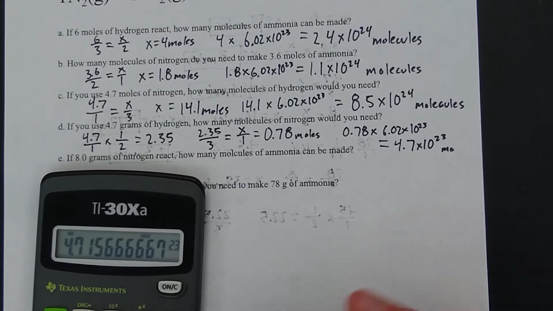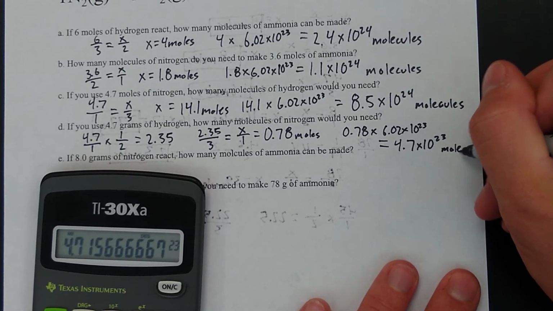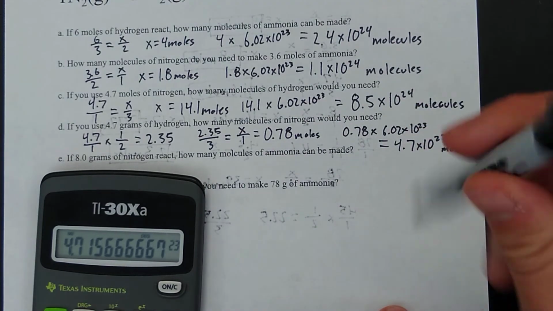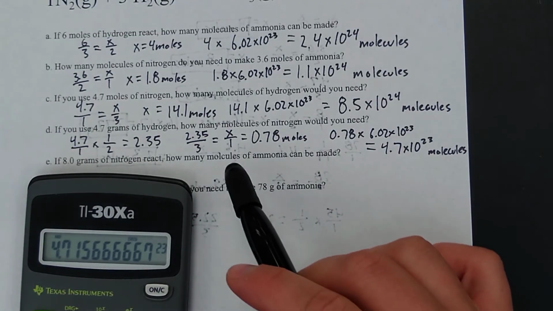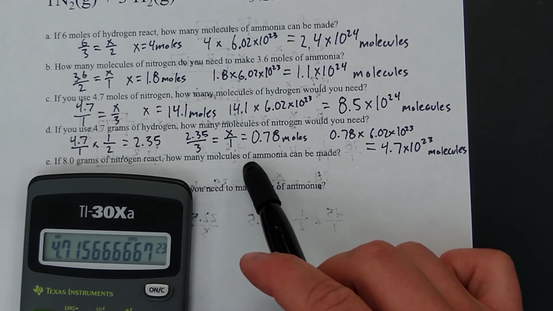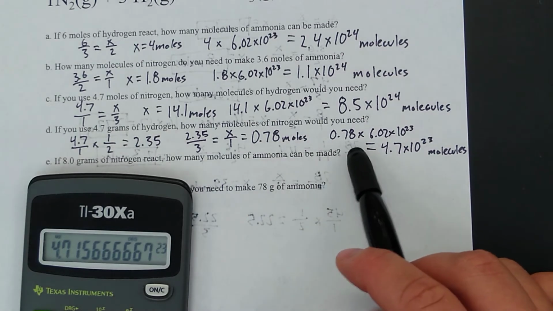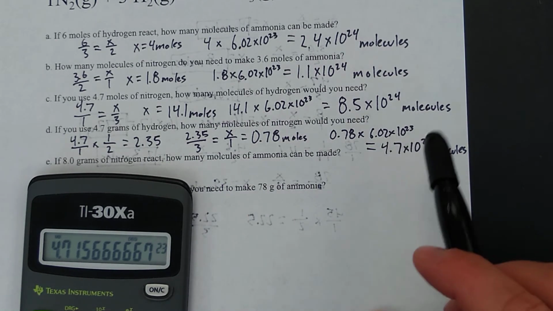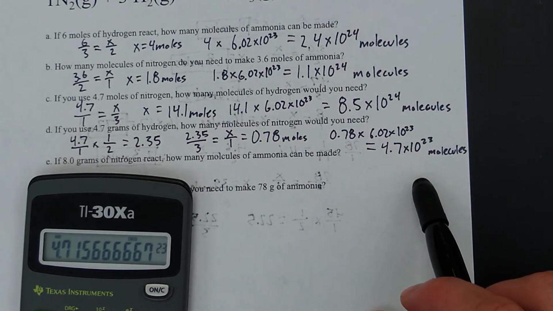I realize I'm writing off the edge. Okay. Molecules. All right, hopefully you guys saw that, but essentially what I did is I found the moles of nitrogen we had, and then I multiplied the moles by the proper number of molecules in nitrogen, and we get 4.7 times 10 to the 23.